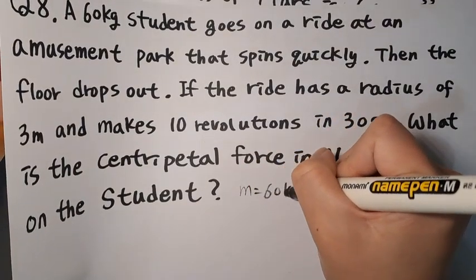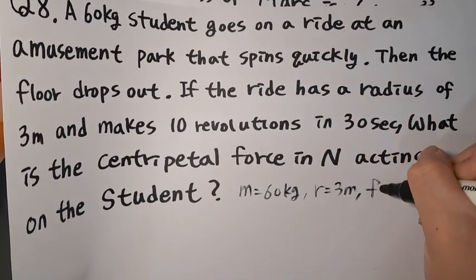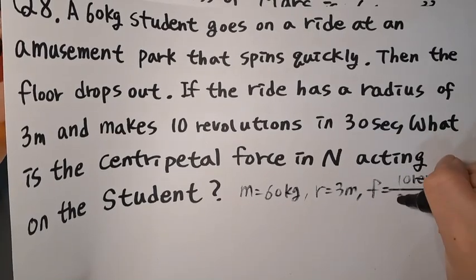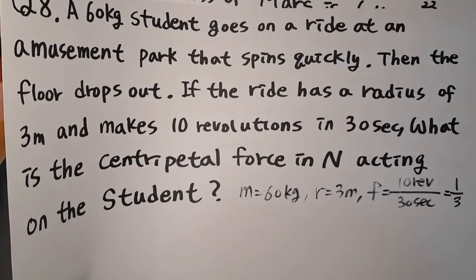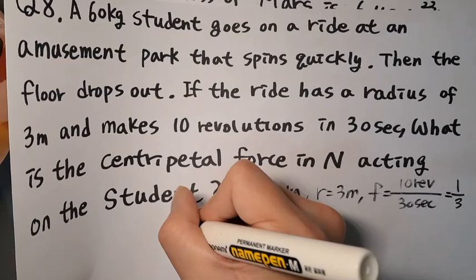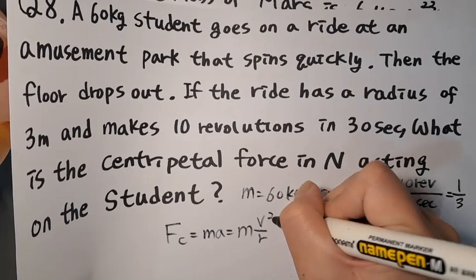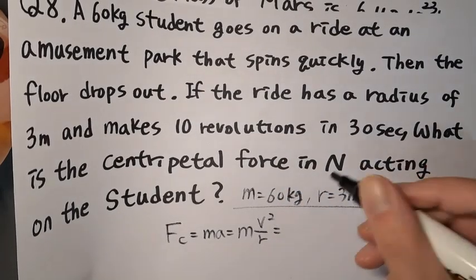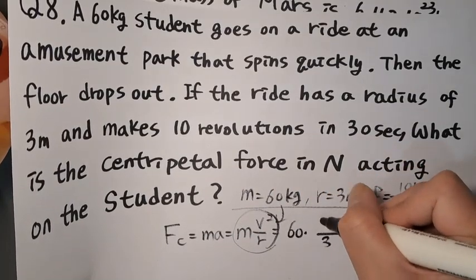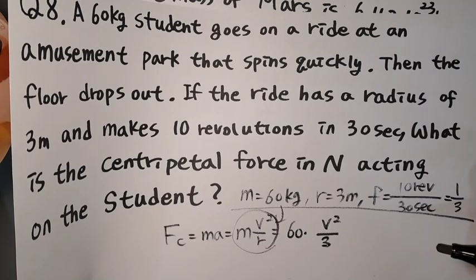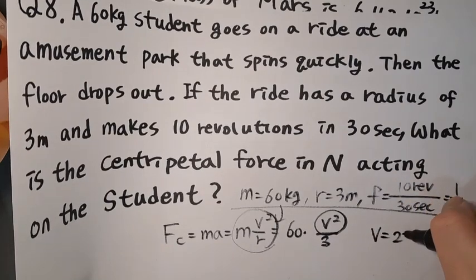So we are going to find these. We can find these values, and the centripetal force is going to be this, and we are going to apply these to this equation. And we can find this velocity by using this equation.